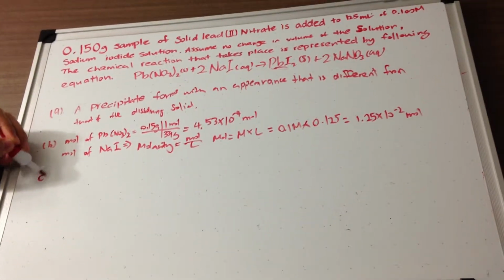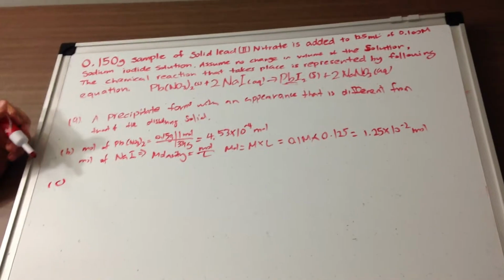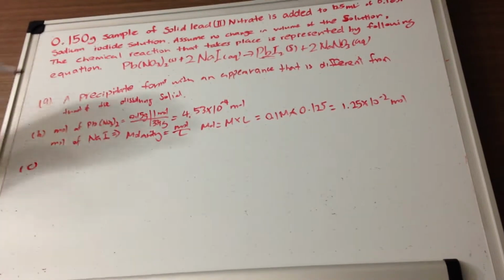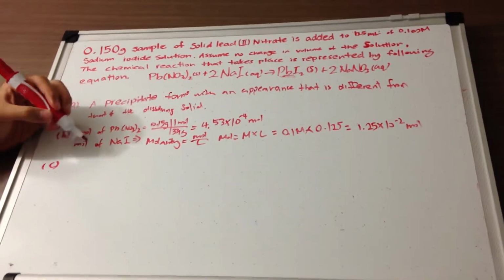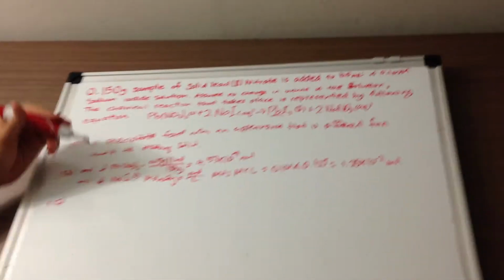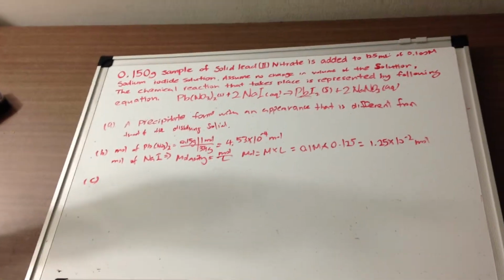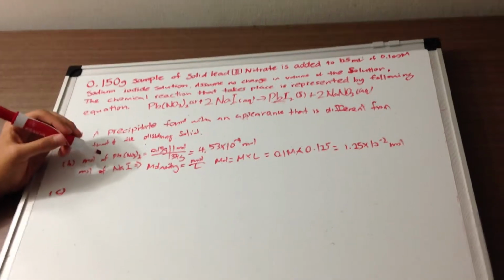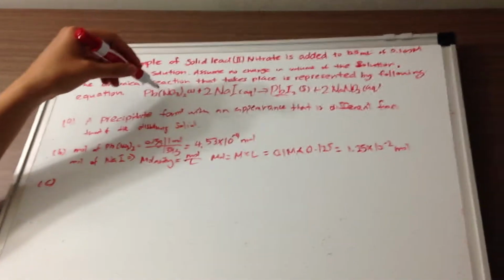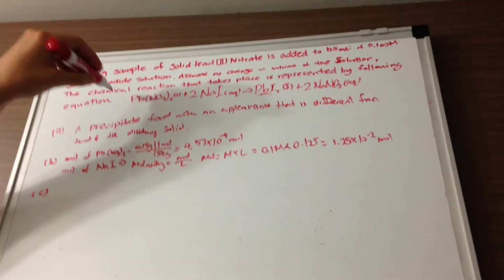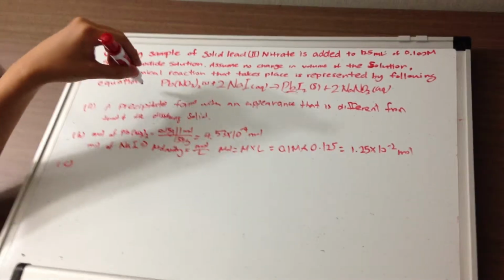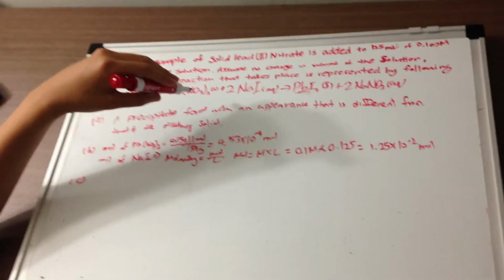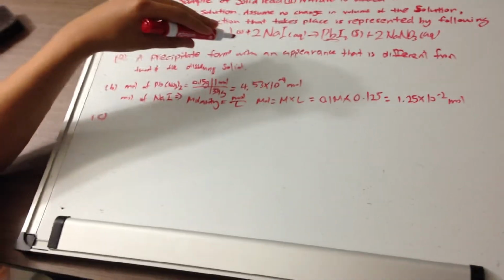Okay, moving on to number C. Identify the limiting reactant. Show the calculation to support your identification. So you could just try either way, but I will go with the Pb(NO3)2. So if you look at the equation, you can see if you look at the coefficients, 1 mole of Pb(NO3)2 reacts with 2 moles of NaI.